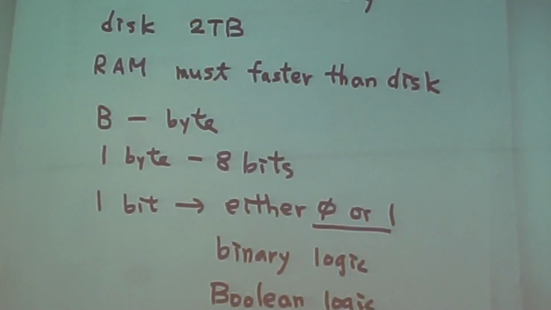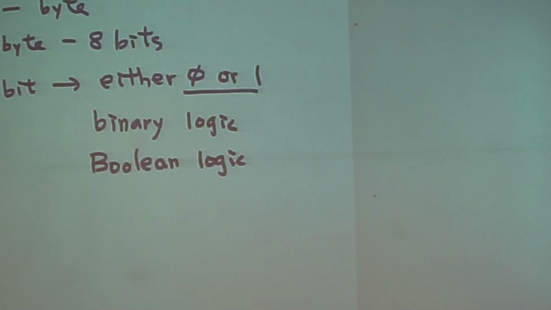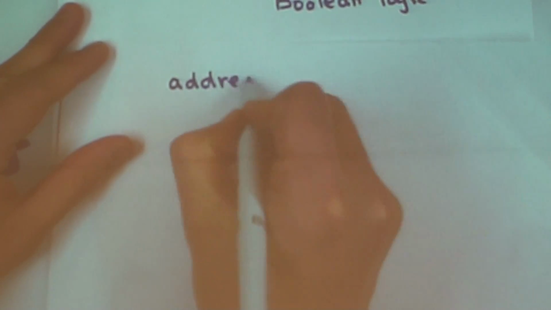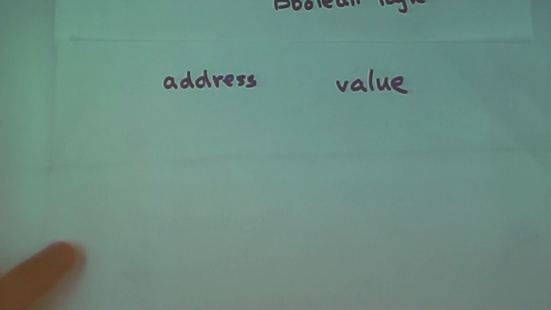So let's talk about memory. What does it mean by 8 gigabit or 8 gigabyte? When you have a memory, basically 1 bit in the computer memory is organized in the following way. It's called address and variable inside your computer memory.